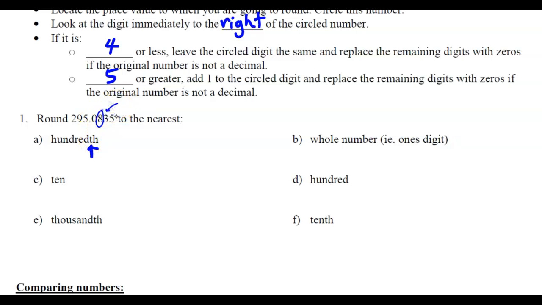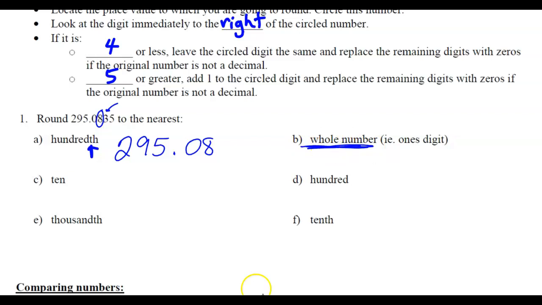Directly to the right is 3, so this is going to stay the same. And then you do not fill in with zeros afterwards, because that would be saying that you've rounded to 4 decimal places. It's only to the nearest hundredth, which is 2 decimal places. Sometimes we might say round to the nearest whole number, which is really the ones digit. So make sure you know that terminology.